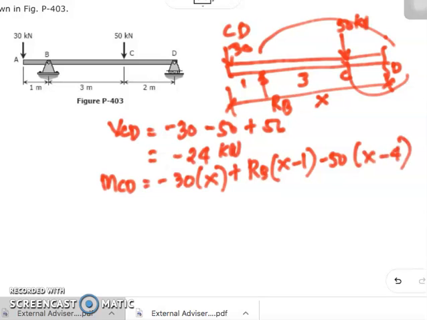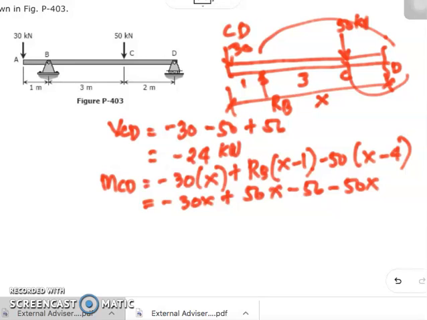So if we simplify this one, this will be equivalent to negative 30x. Then substitute our R sub B, which is 56. So we'll have plus 56x minus 56, which I simply multiplied to our variables x minus 1. Then minus this gives us negative 50x.